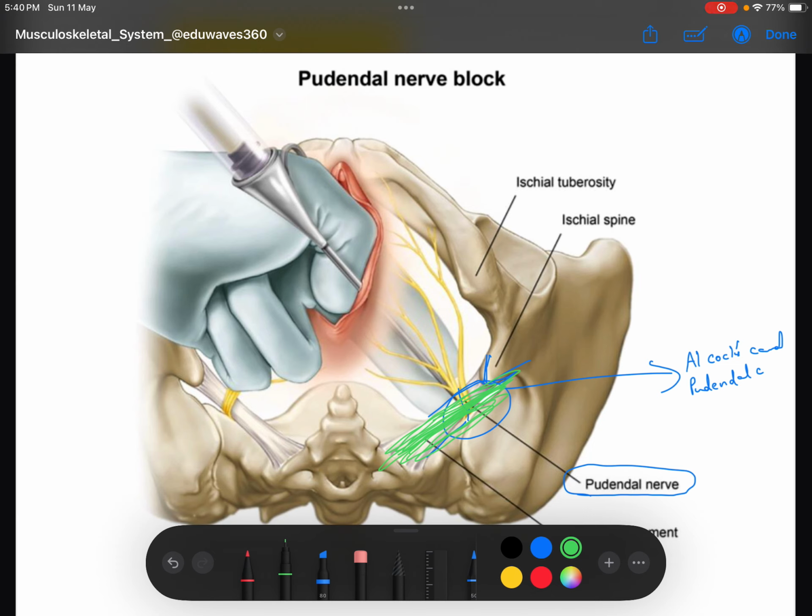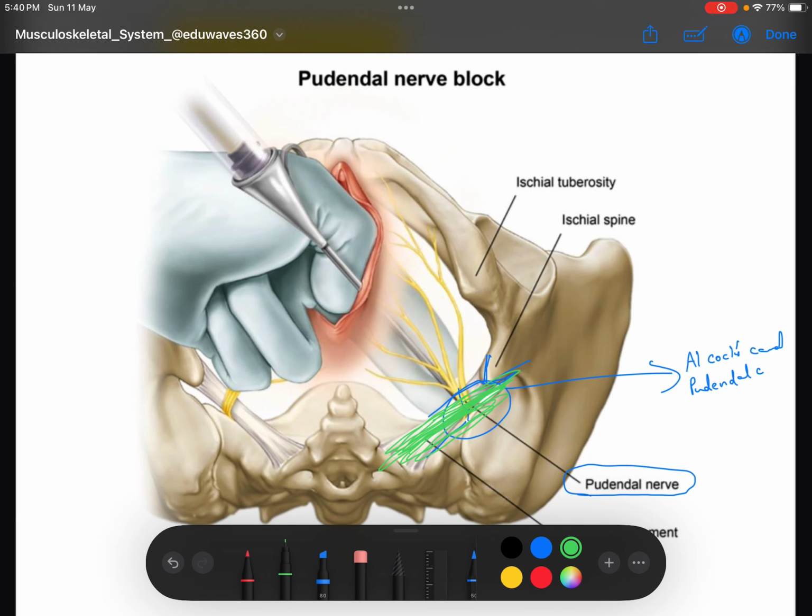Okay, so these are the things we discussed today. We discussed common peroneal nerve injury. Some anatomy, origin, motor function, sensory function, clinical relevance, everything for every nerve we discussed: tibial nerve, superior gluteal nerve, inferior gluteal nerve, then the pudendal nerve.